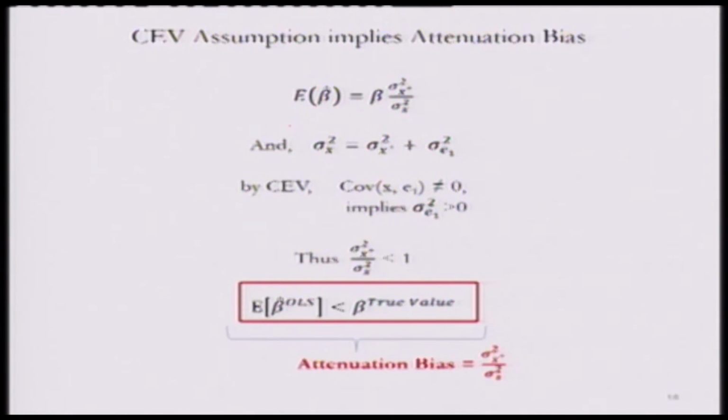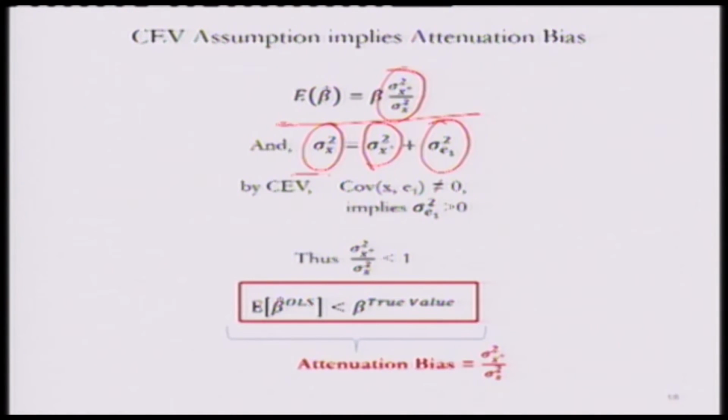So, what we do over here is we start from what we saw on the previous slide, the expectation of beta hat equal to beta times the bias term, and once again what we see is that the variance of x is equal to the variance of the true value of x plus the variance of the error term.